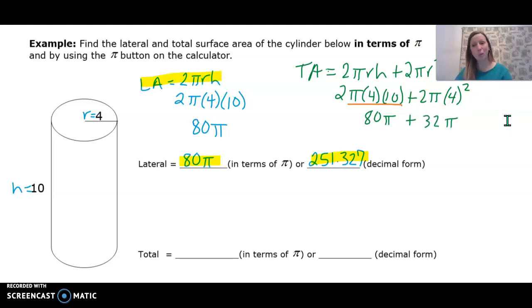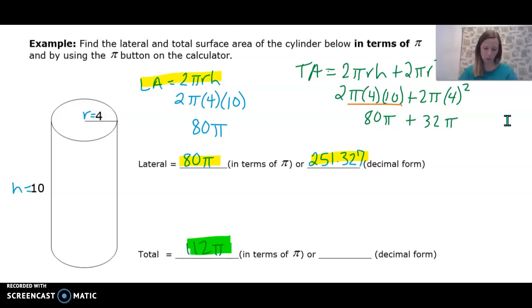I have not done anything with the pi's at this point because we're trying to keep our answer in terms of pi. So now we're going to add those two together. 80 plus 32 is 112 pi. So that is our answer in terms of pi.